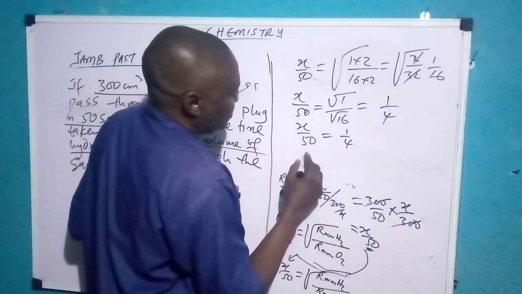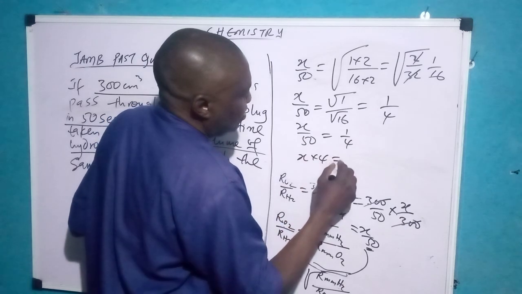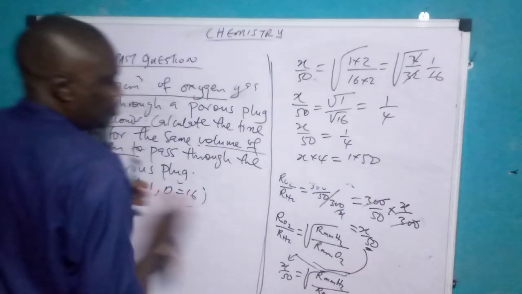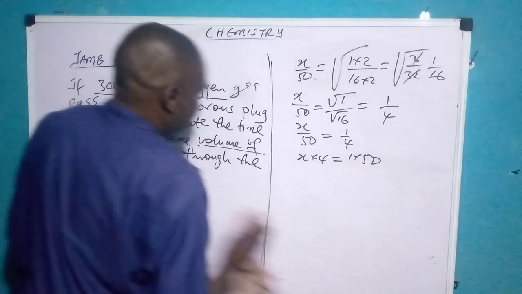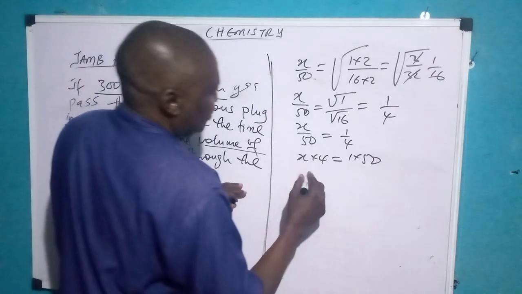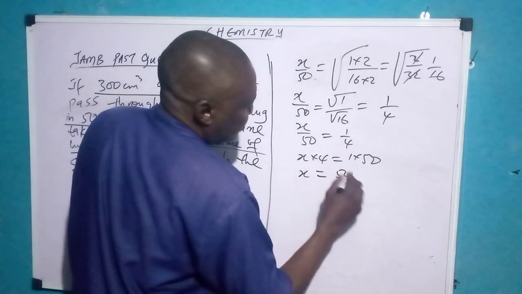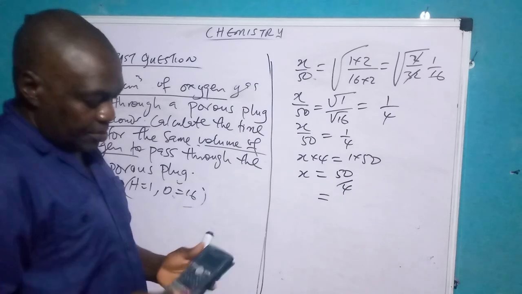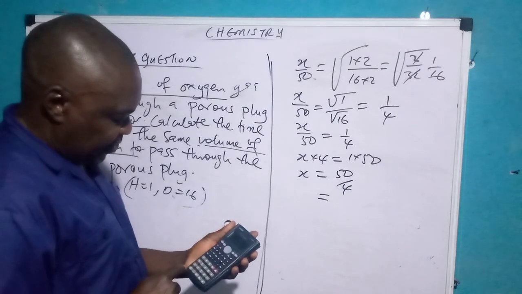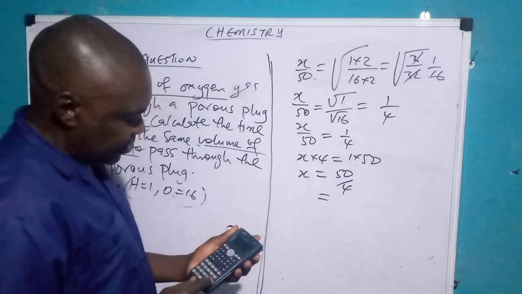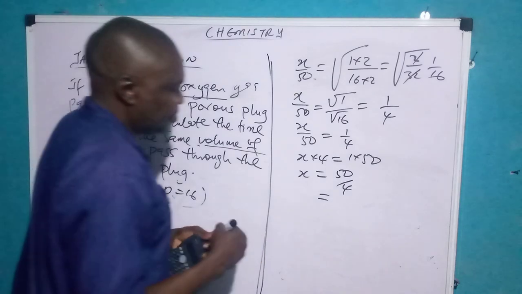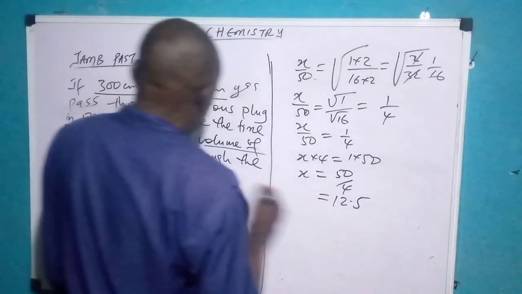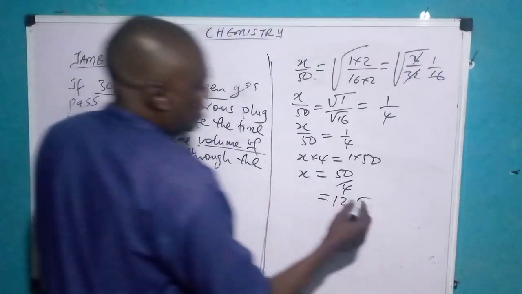Cross multiply: X times 4 equals 1 times 50. So you now have X equals 50 over 4, which gives 12.5. The unit is seconds, because we calculate the time.